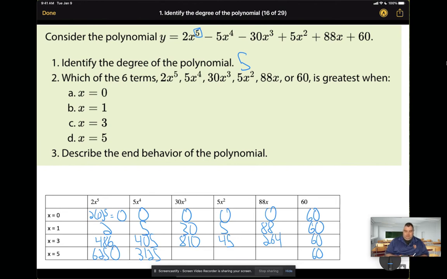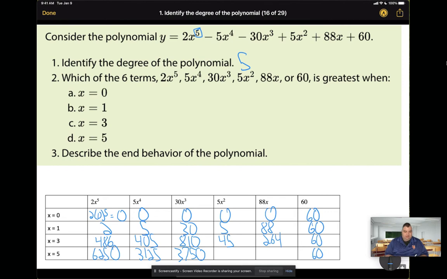All right, 30x cubed, that's going to be 30 times 5 cubed. So I'm getting 3,750. Again, I'm just using Desmos on my phone to calculate this. Next is 5x squared.